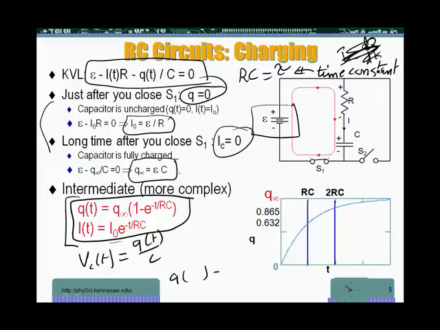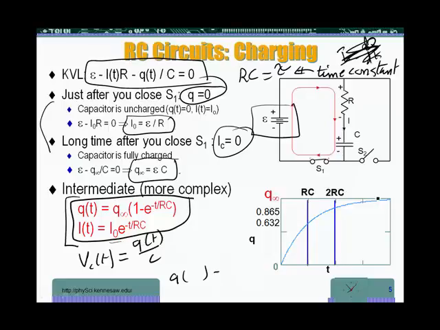It has the units of a time, and we call it the time constant. Now, if we graph the charge as a function of time, it's going to look somewhat like this graph here.